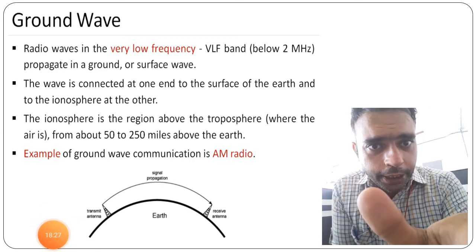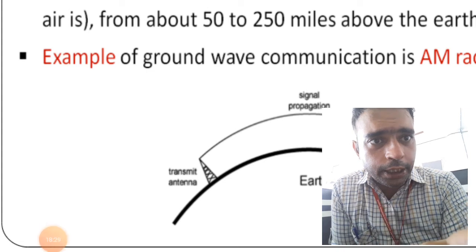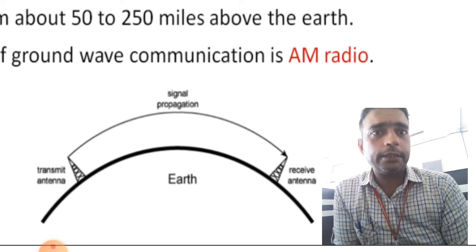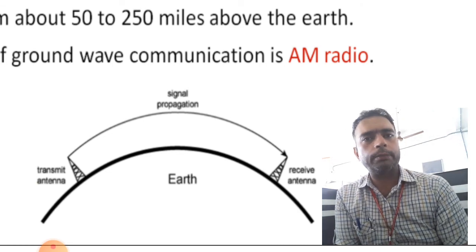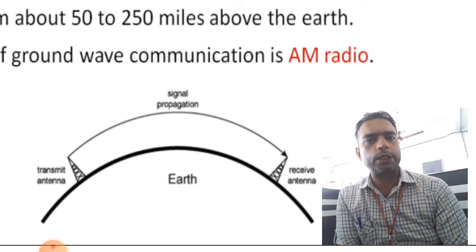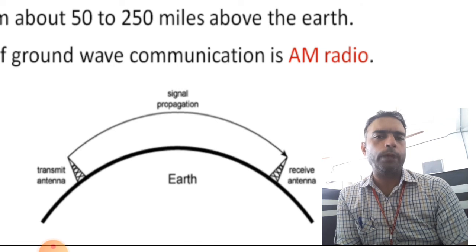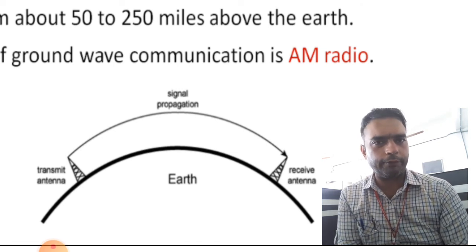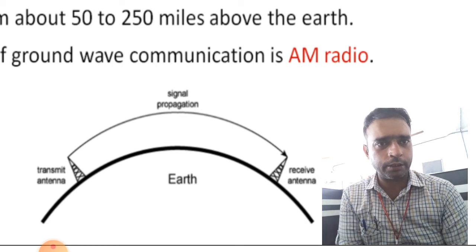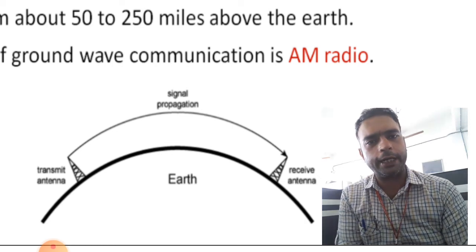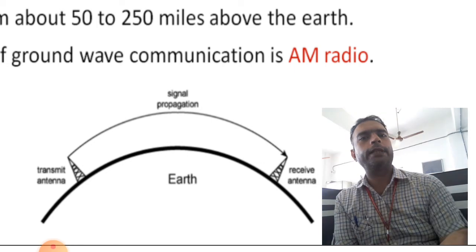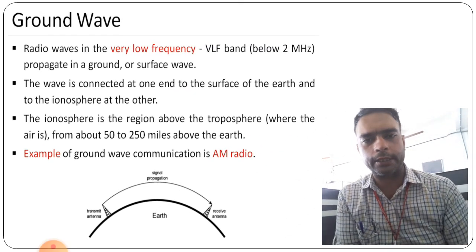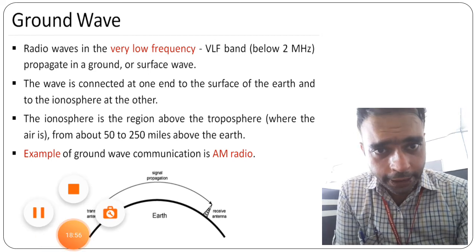Here we also see an example in which the earth is shown and the transmitting antenna is sending a signal using as little height as possible. Finally, frequencies below 2 megahertz are used for the signal propagation, which is received by the receiver antenna, and finally it is able to listen to that particular channel.